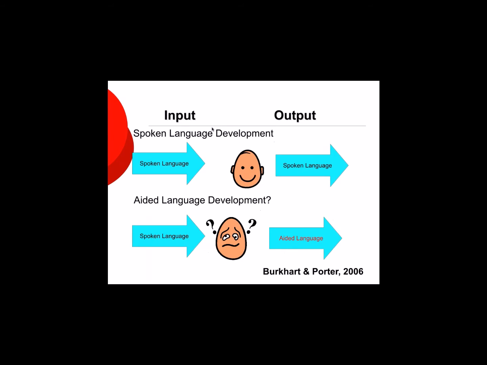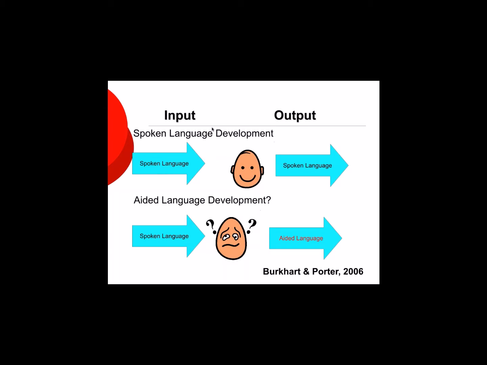And this slide will also be familiar to all of you in terms of we understand with typically developing students, from the time they're born, we begin speaking to them, and within a year or so, spoken language begins to emerge from them. So kids start to have their first words around their first birthday as a result of thousands of words that were modeled all across the day from the time they were born.